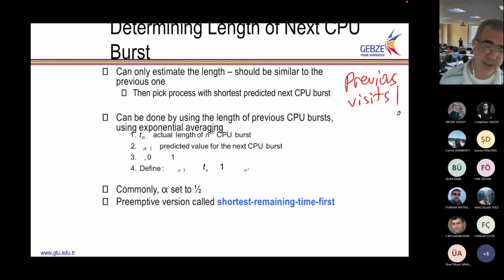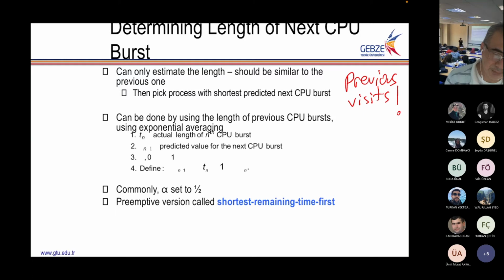On the other hand, if you only consider the previous visit, you don't consider the previous of the previous visit. You should also consider the previous of the previous, or the previous of the previous of the previous. But recent ones should count more.